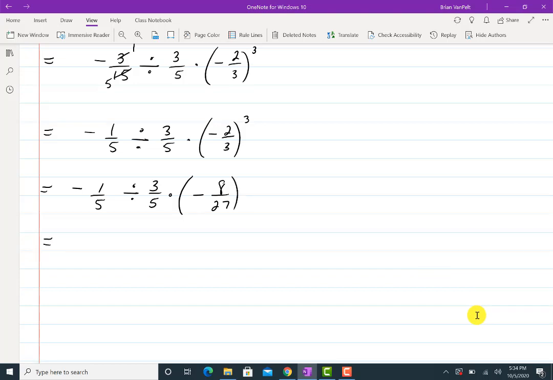Now, pay attention here. I have a negative divided by a positive, which will make a negative. All this stuff is negative. Then if I multiply it by a negative, the whole thing becomes positive. So I can completely ignore the negatives in this problem. The negatives all cancel out.